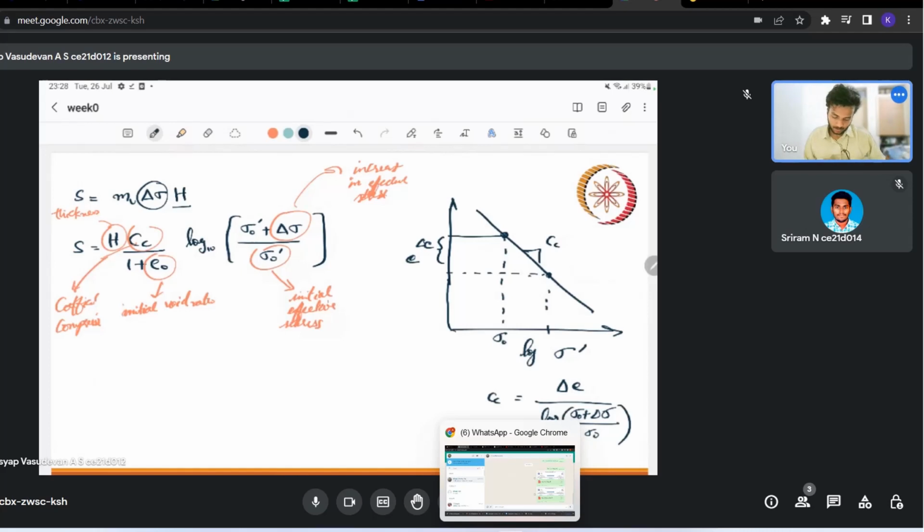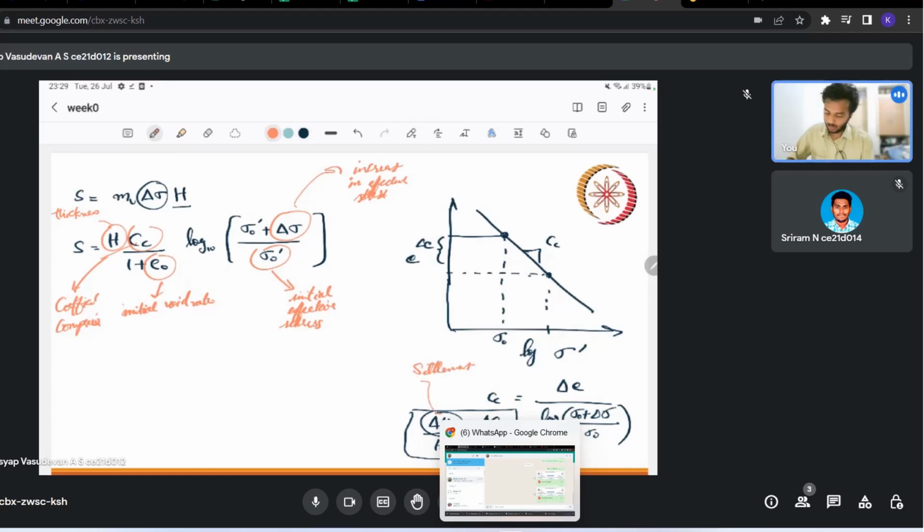And we also know that delta H by H can be written as delta e by 1 plus e naught. If you use these two equations, which is only applicable for 1D consolidation, you can arrive at this formula that we are using. Here delta H is nothing but the settlement S we are using here.